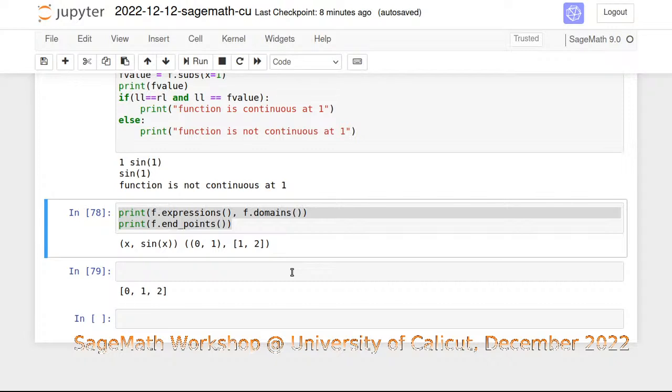At rationals we define it to be 0, and at irrationals we define it to be 1, or the other way around. So we can try to define this piecewise function using that definition, and try to plot it also.